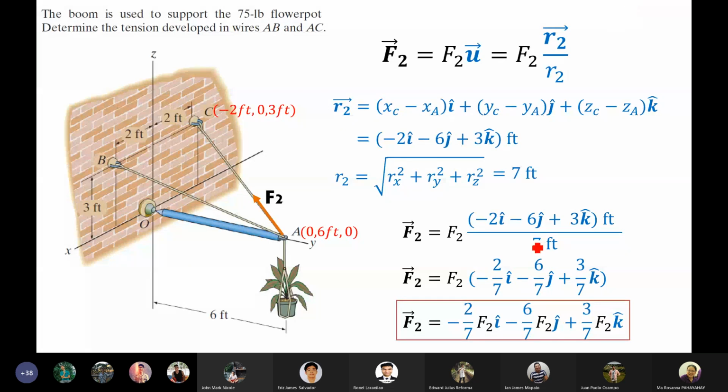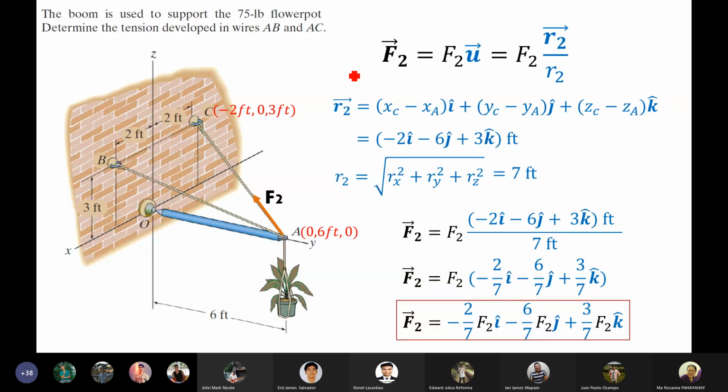So, the formula now for our F2, hindi pa to final formula, is negative 2 over 7 F2 I hat minus 6 over 7 F2 J hat plus 3 over 7 F2 K hat. Okay? Ang ginagawa pa lang natin is we are getting the Cartesian form of our forces. So, later on, again, ang hahanapin natin what is the value of our F2. What is the magnitude?